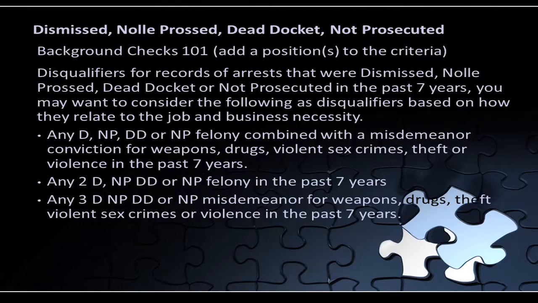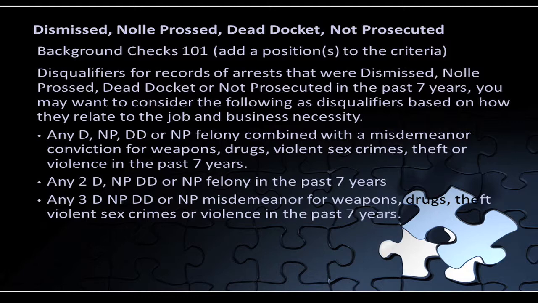Dismissed, nolle prosequi, dead docket, and not prosecuted. For records of arrests that were dismissed, nolle prosequi, dead docket, or not prosecuted in the past 7 years, you may want to consider the following as disqualifiers based on how they relate to the job and business necessity.